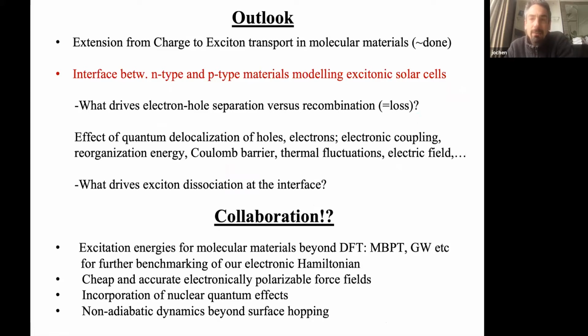We more or less have done this now, and the next step is to look at real interfaces in such cells, that means an interface between N-type and P-type material. Especially what we're interested in is what drives electron-hole separation versus recombination. With this methodology that we have developed, I think it's quite unique. We can look at the effect of quantum delocalization of the carriers, electronic coupling, the Coulomb barrier, thermal fluctuations, also electric field effects.